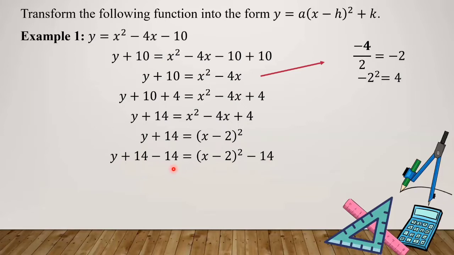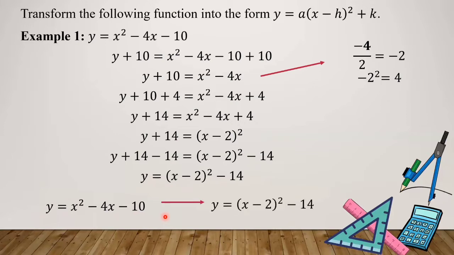So it will become y is equal to x minus 2 squared minus 14. Since the equation y is equal to x squared minus 4x minus 10 is written in general form, we transform it into vertex form, which is y is equal to x minus 2 squared minus 14.